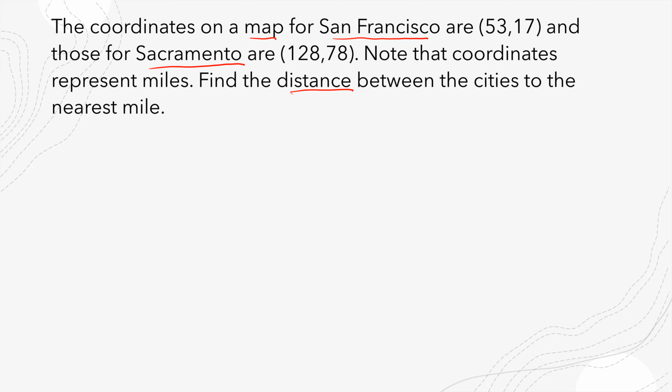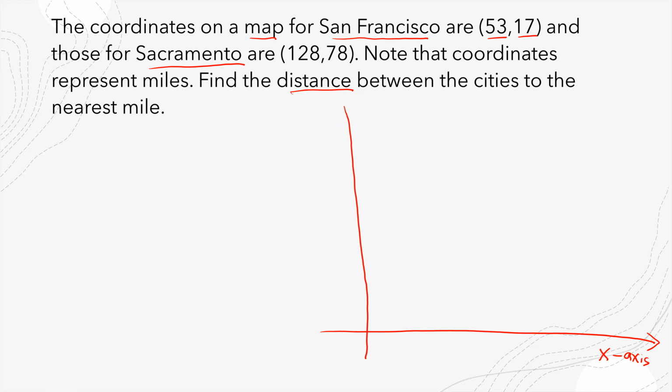So let's get started. First of all, you have to draw your x and y coordinates. Since we are given two coordinates, we want to plot them. X coordinate is on the horizontal and y coordinate is on the vertical. Now let's put the scale on it.